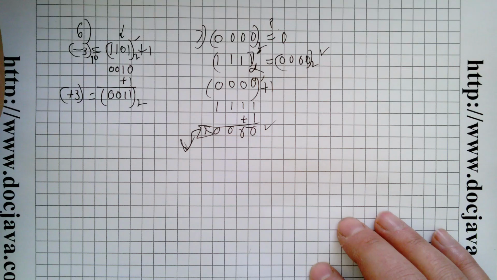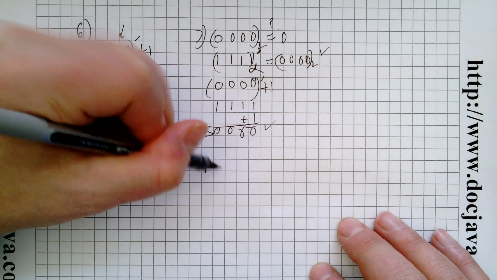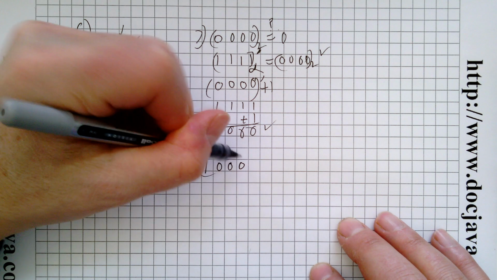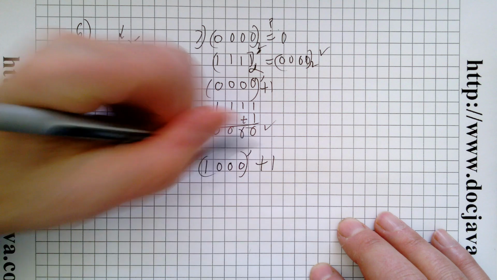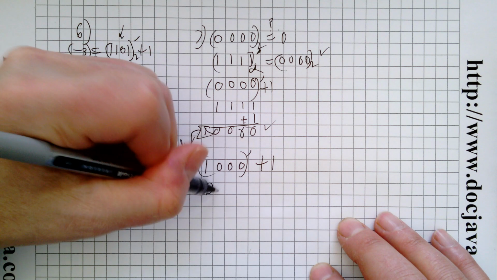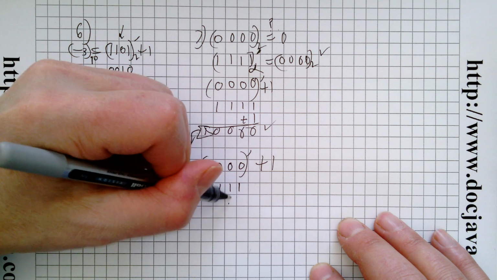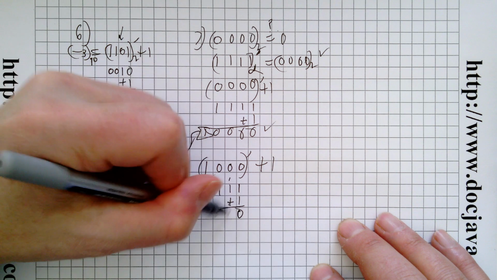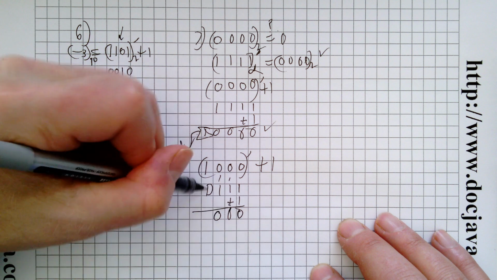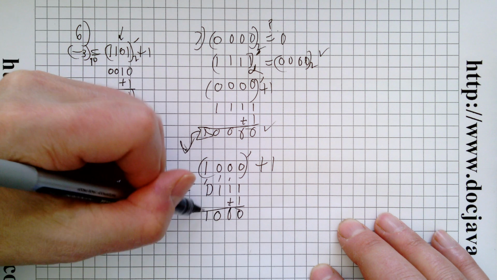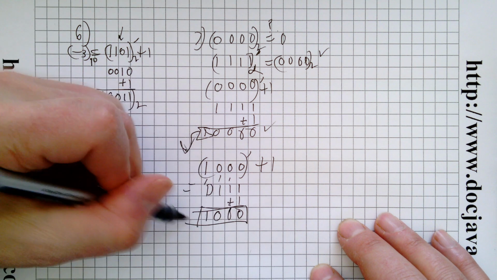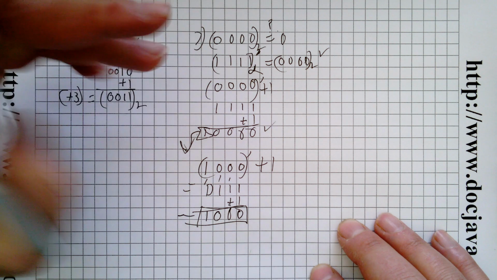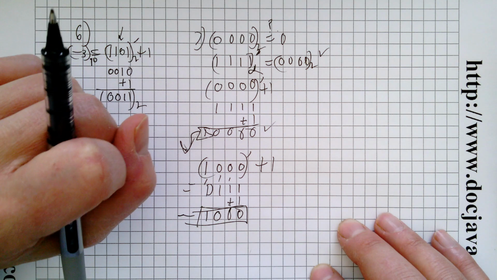And then the 2's complement of 1, 0, 0, 0. Well, what's the 2's complement of that? It's going to be 0, 1, 1, 1 plus 1, which is 0 carry the 1, 0 carry the 1, 0 carry the 1, 1, which is what we started with. So this is an interesting point. It's not 0.